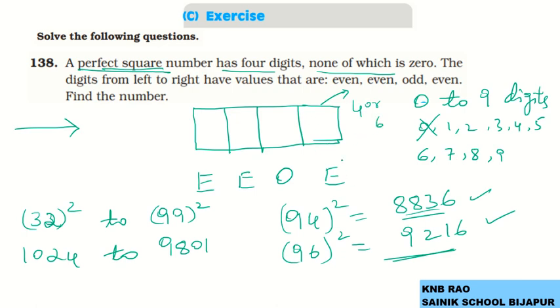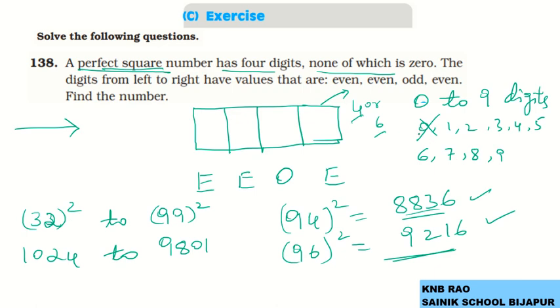So I was searching this way, reasoning it out. But these three to identify is very tough. So perfect squares end in 4 or 6. Square of a number ending in 4 ends in 6. Square of a number ending in 6 ends in 6. Square of a number ending in 2 ends in 4. Square of a number ending in 8 ends in 4. But I was searching, and it certainly takes an equal amount of time.